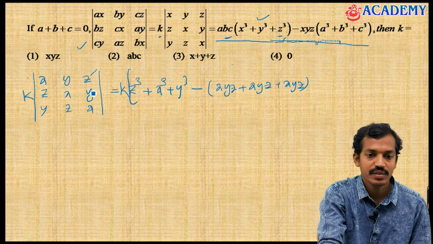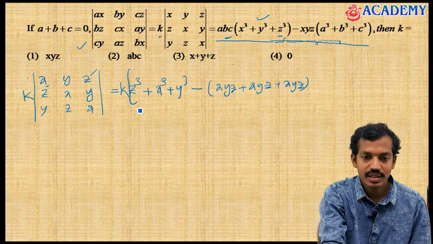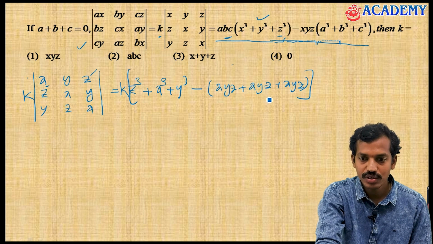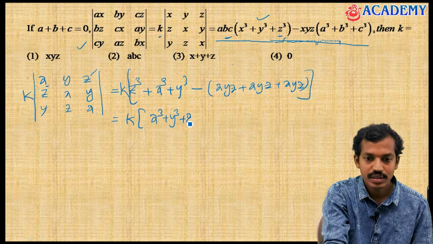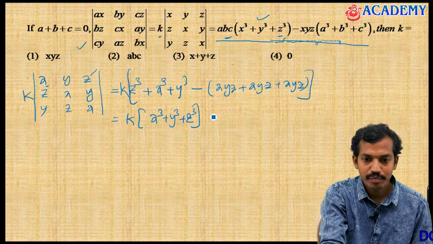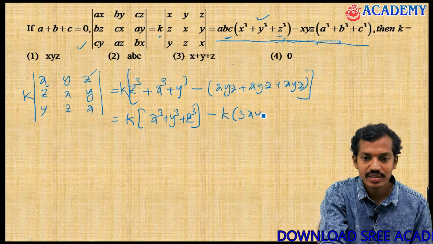The value is going to be k into x cube plus y cube plus z cube minus k into 3xyz.